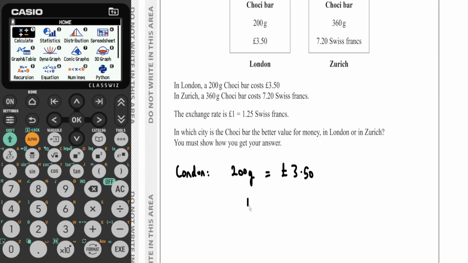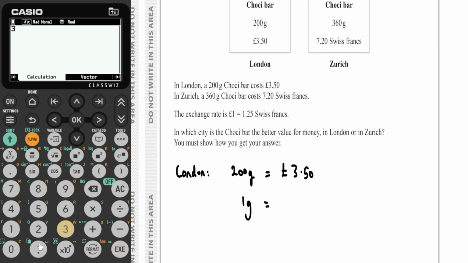So therefore, 1 gram, if I divide by 200, I've got £3.50 divided by 200, which is 0.0175.